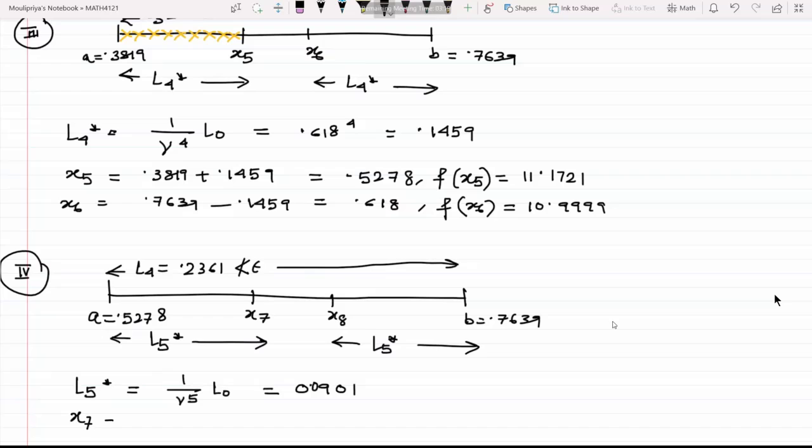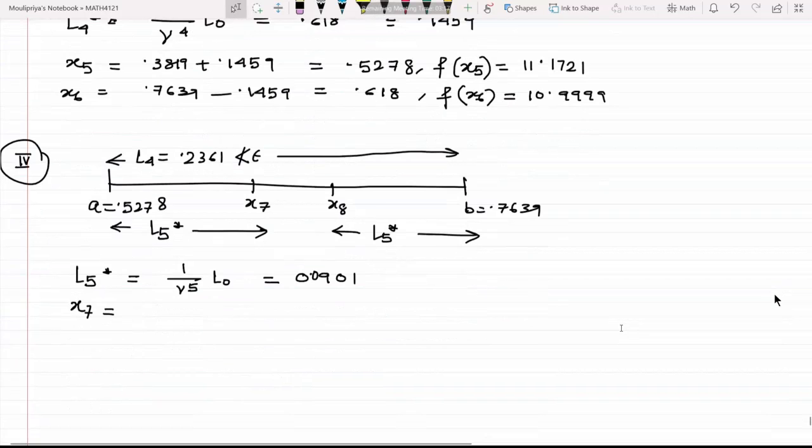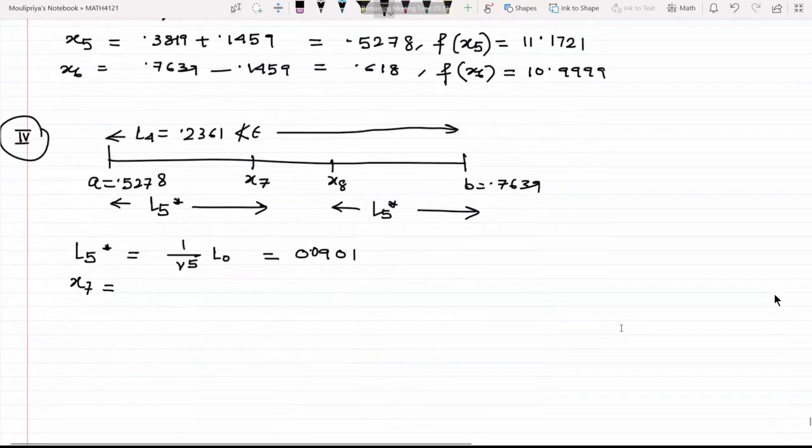What is X7 and what is X8? X7 is 0.6179. We can call it 0.618. And X8? It's 0.7639 minus 0.0901.